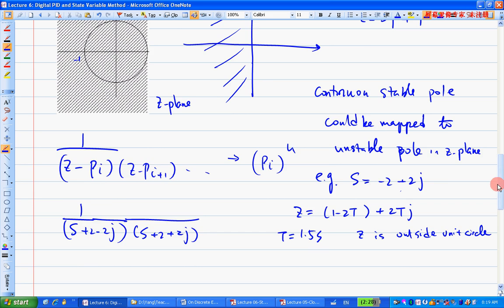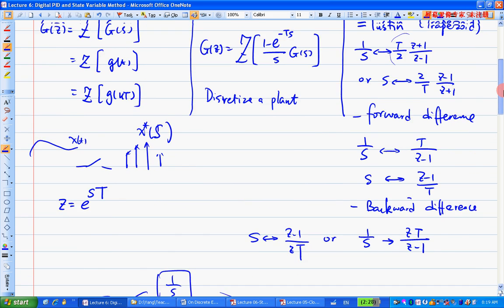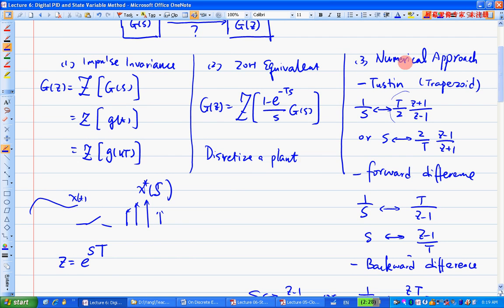You can't guarantee stability. This is why it's called a numerical approximation. It's only good to a certain degree. When you use approximation, you have to bear in mind that you're not exactly describing the original dynamics of the system.